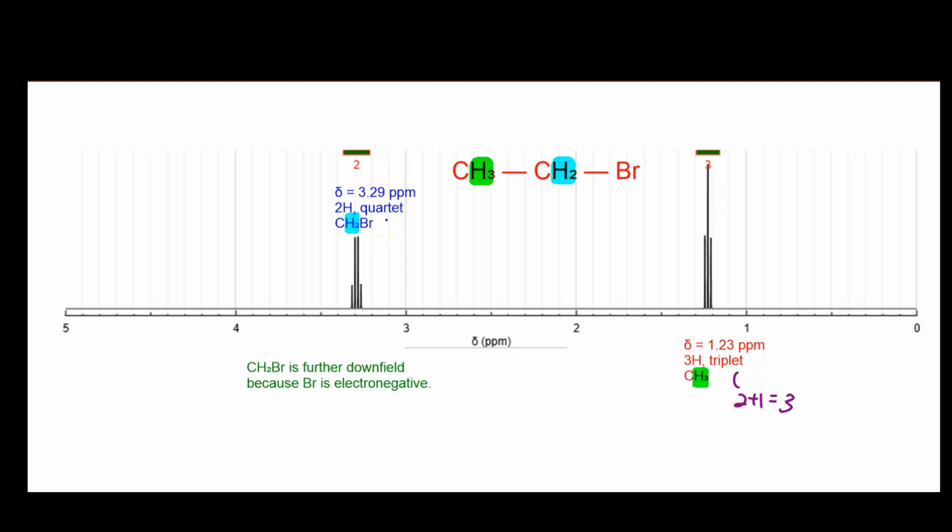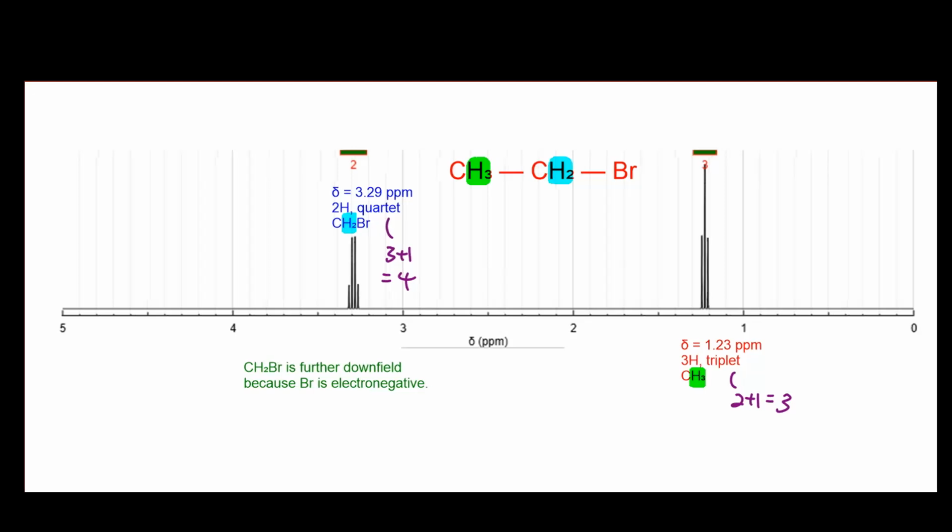The signal near 3.29 ppm is the CH₂Br quartet because CH2 is linked to 3 neighboring hydrogens. So 3 + 1 equals 4, hence a quartet. The CH₂Br signal is further downfield because bromine is electronegative.